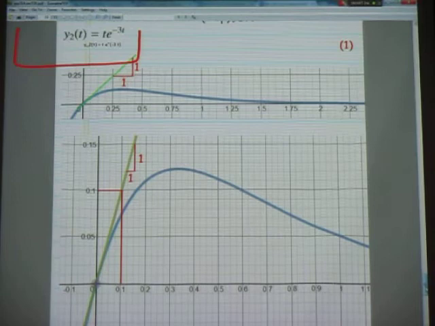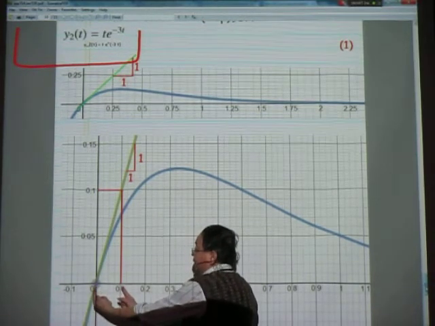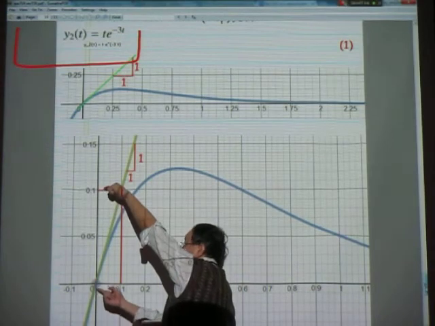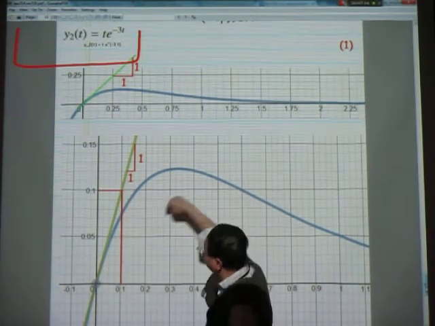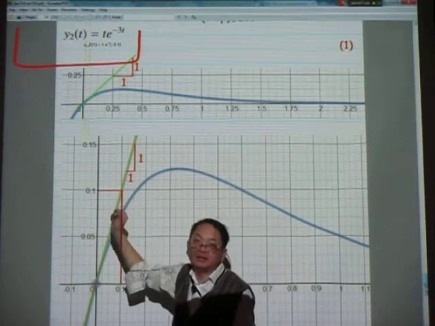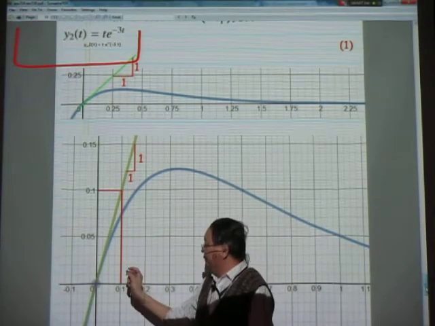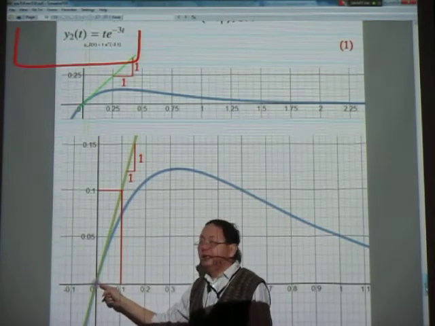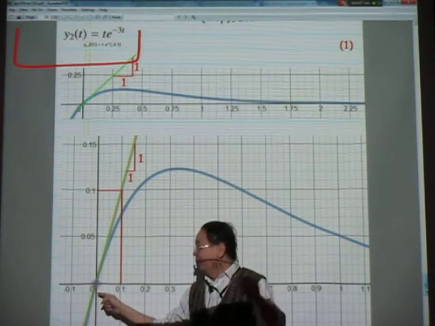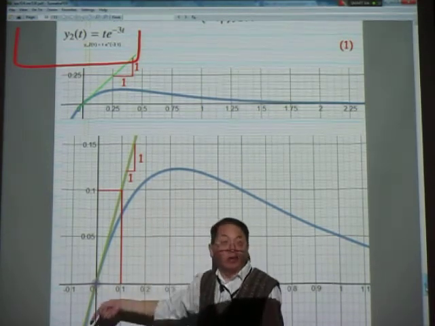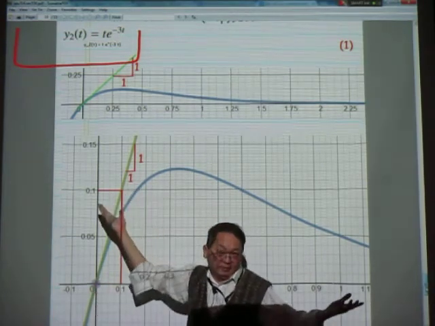So you see, for the horizontal axis, this is 0.1, whereas for the vertical axis, this is 0.1. So that's why this line here is supposed to be exactly the bisector. It looks like this, but the slope is 1. Okay? So that verified that initially mode 2 has modal displacement equal to 0, and the slope, or the modal velocity at time t equal to 0, is 1. See, check.